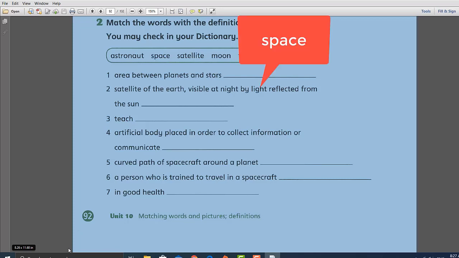Space. Number 2. Satellite of the Earth, visible at night by light reflected from the sun. What do we call it? Excellent. Moon.